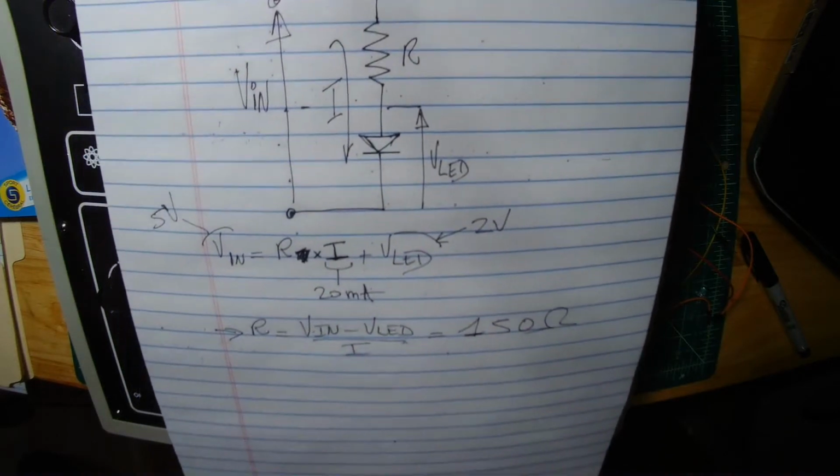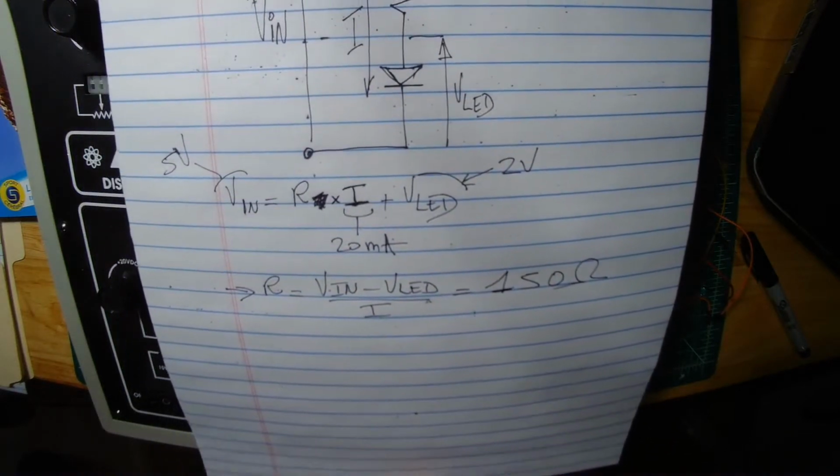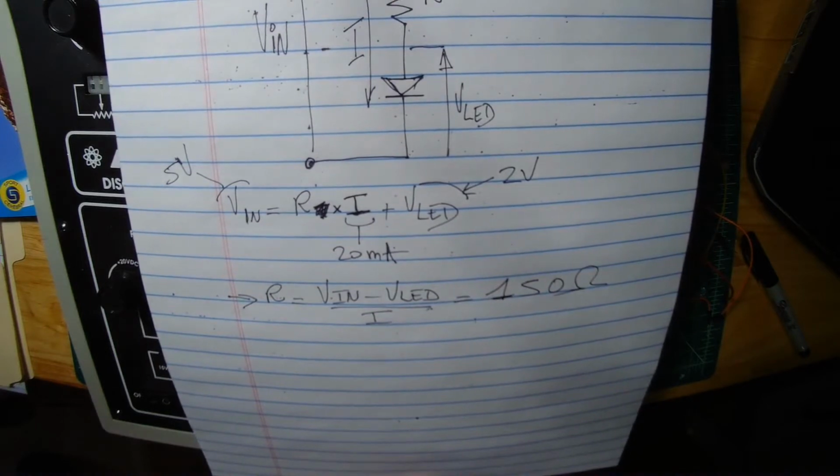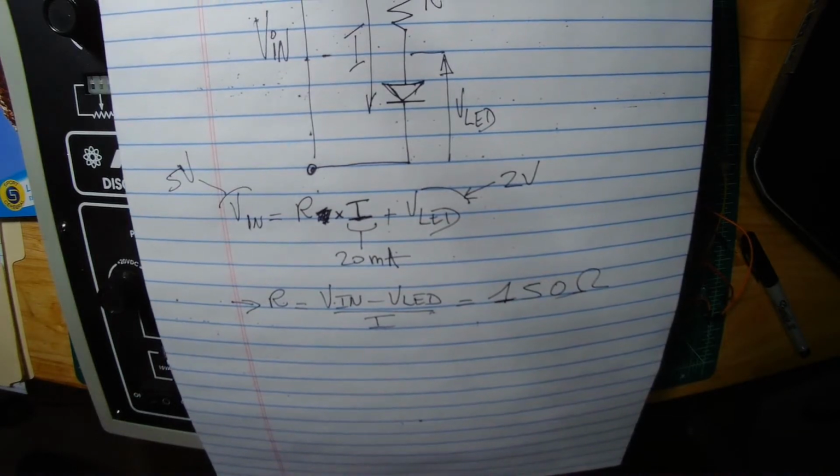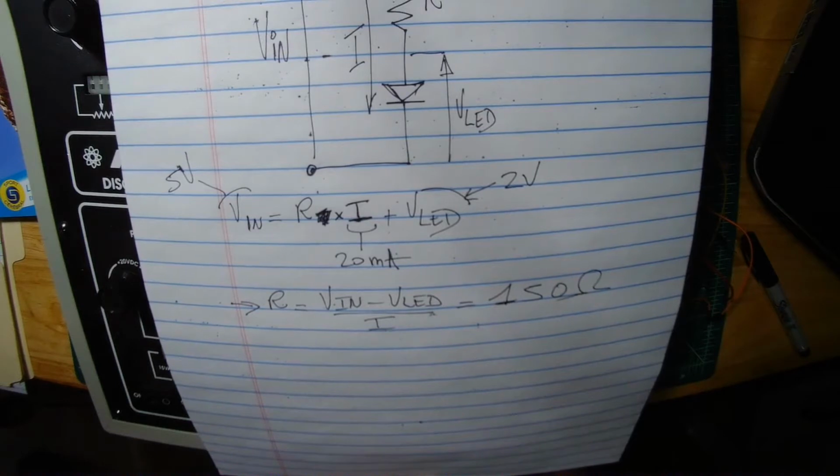So the formula: V in equals R times I plus the V LED. So what is I? Whenever you buy an LED, it's going to tell you what the current should be.